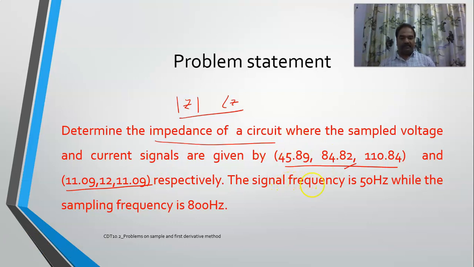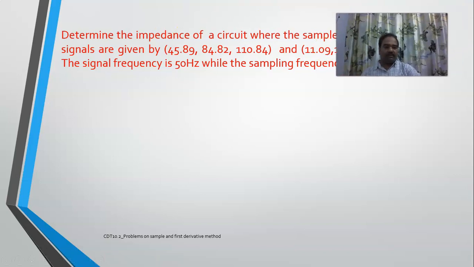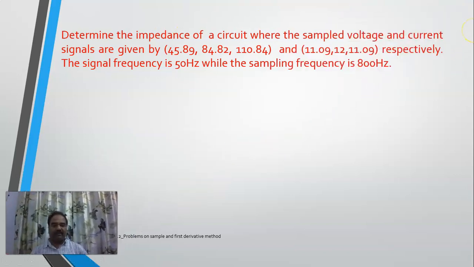Apart from this, the signal frequency has been mentioned as 50 Hz, and the sampling frequency has been mentioned as 800 Hz. Before we start the problem, let us reconsider what has been given. This is the voltage signal.